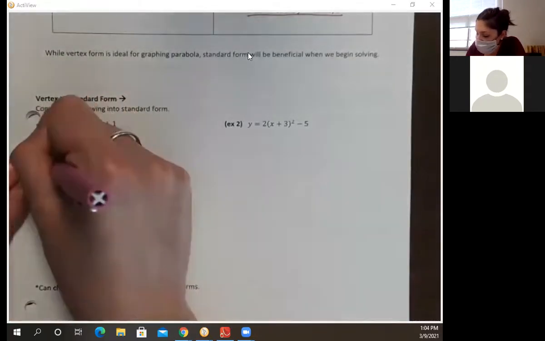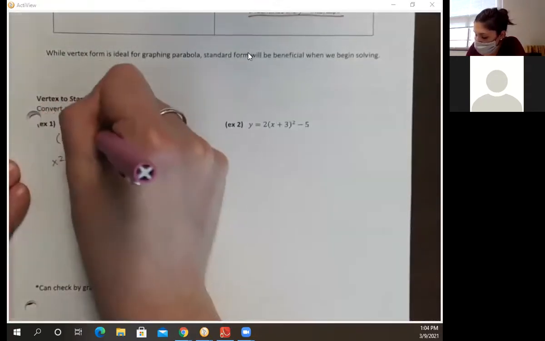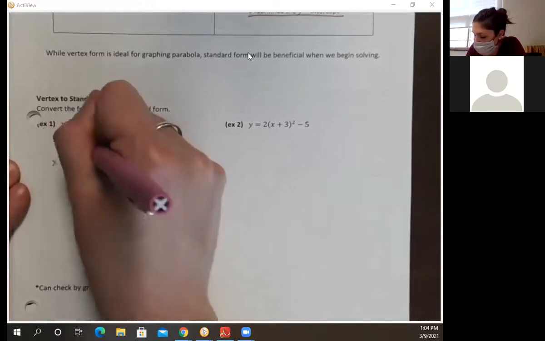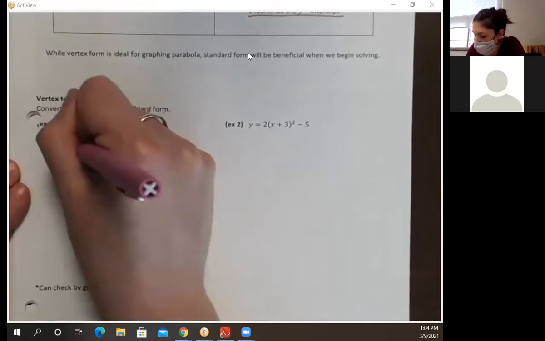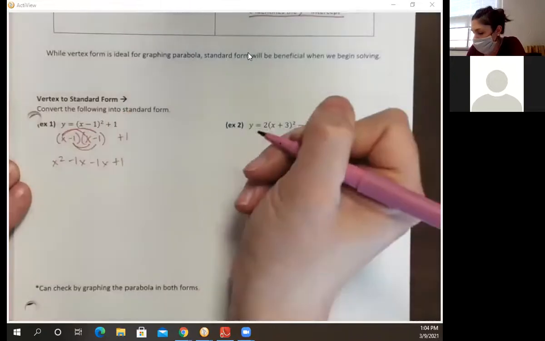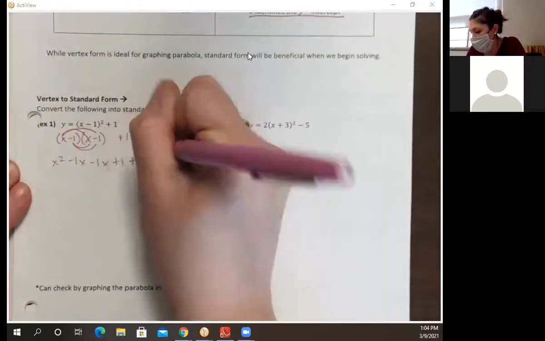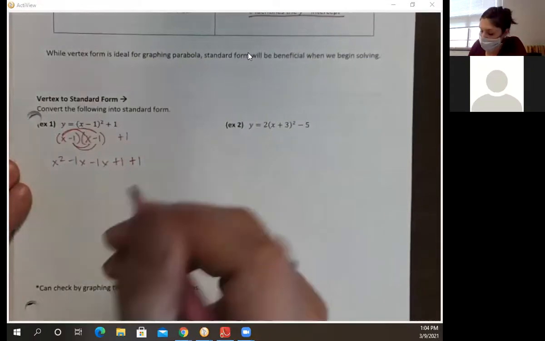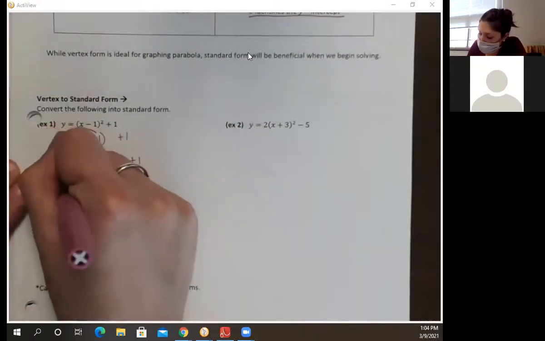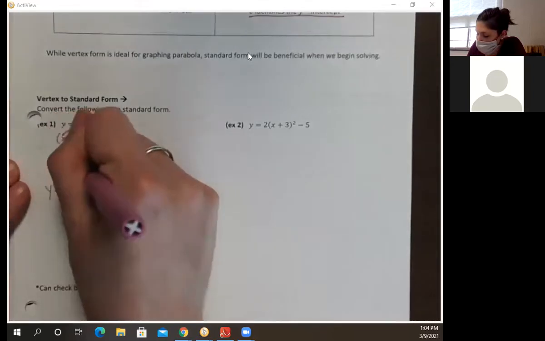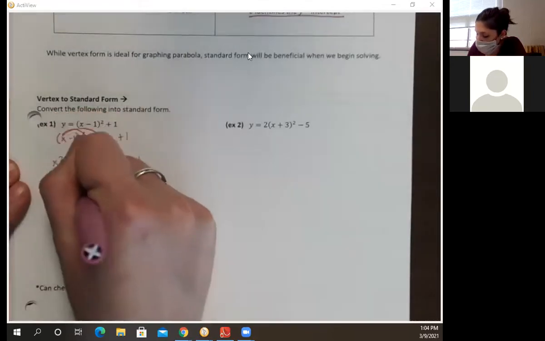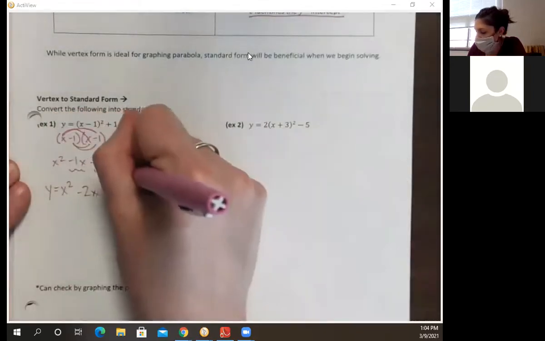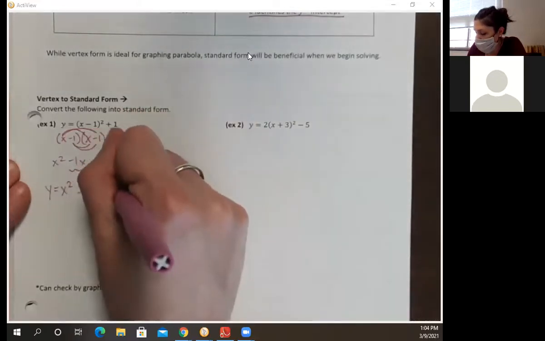x times x gives me x squared, minus 1x, minus 1x, plus 1. And then again, I still have that other plus 1 at the end. Now I'm going to combine my like terms. So I've got x squared, minus 1x minus 1x would be minus 2x, and then plus 1 plus 1 would be plus 2.